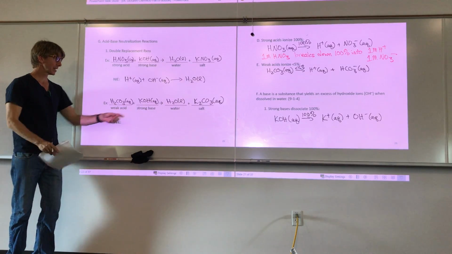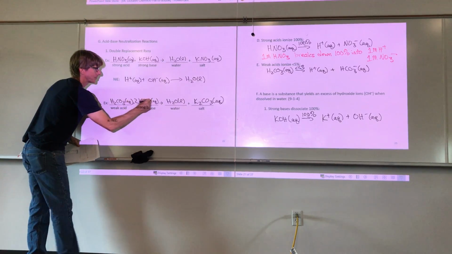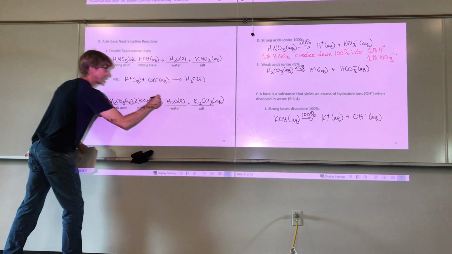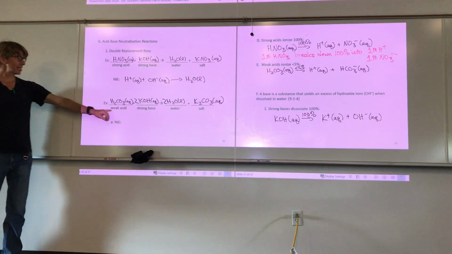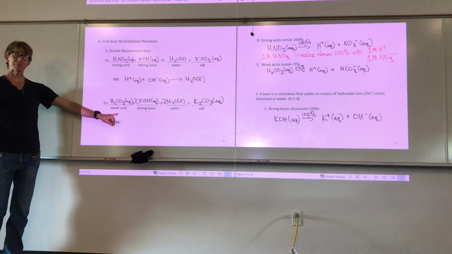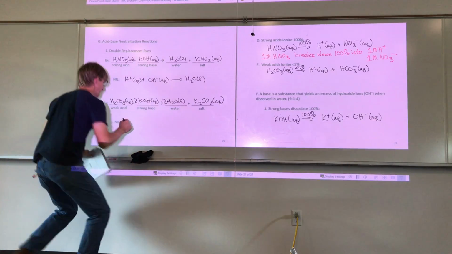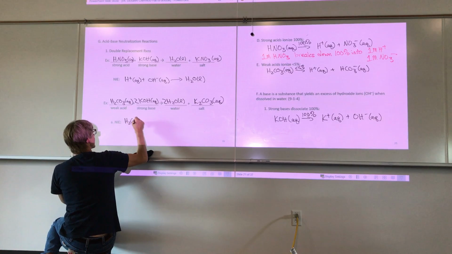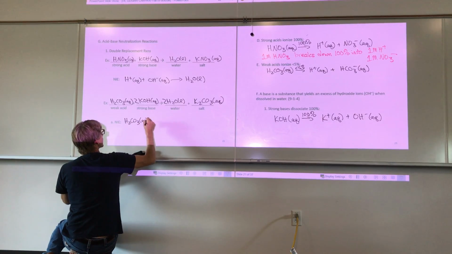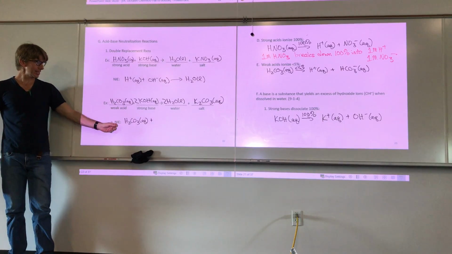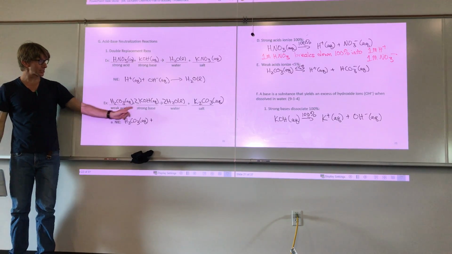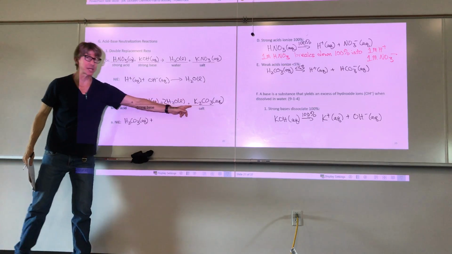Is this balanced? No. It is not. I have two potassiums. I think I need two waters as well. Does that look right? We said that for weak acids, the dominant species in solution are whole molecules, so this comes straight down. For the net ionic equation, I am going to cancel out the two potassium ions that are spectator ions.